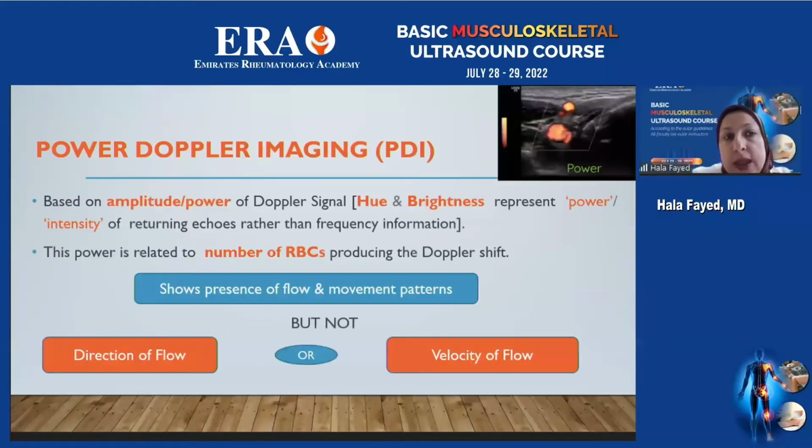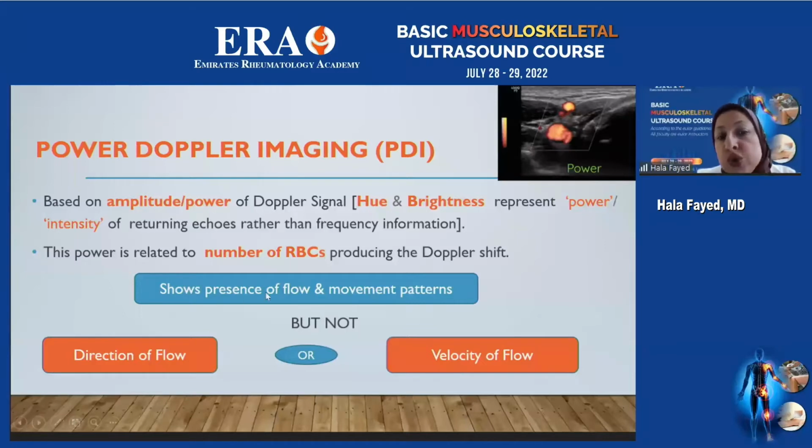The second type of Doppler is power Doppler imaging. This is based on the amplitude or power of the Doppler signal, which means the brightness or the hue, which represents the power or intensity of returning echoes, rather than frequency information. So it has nothing to do with direction or velocity.